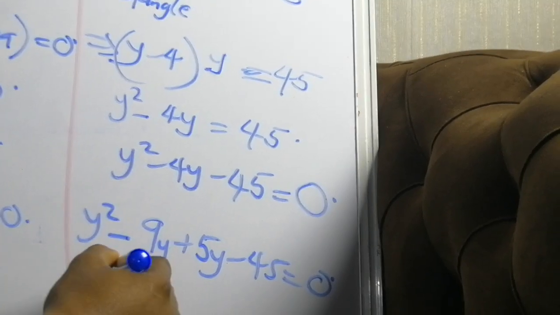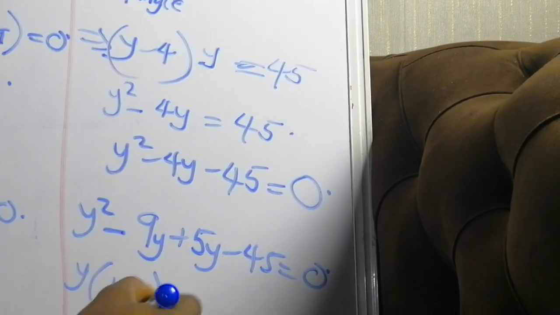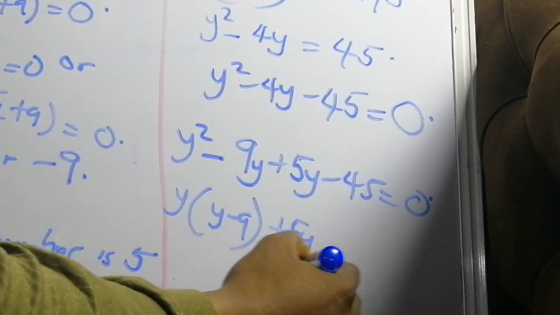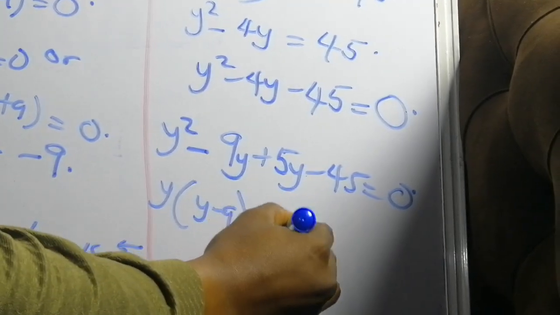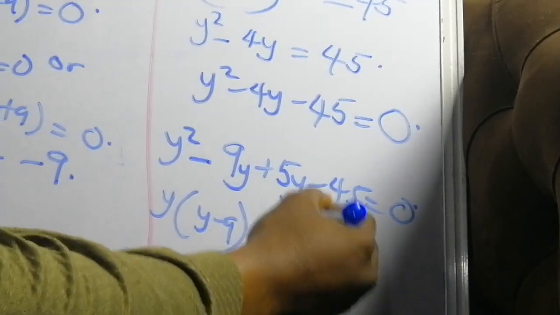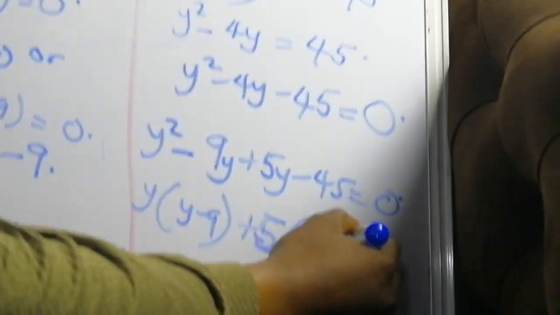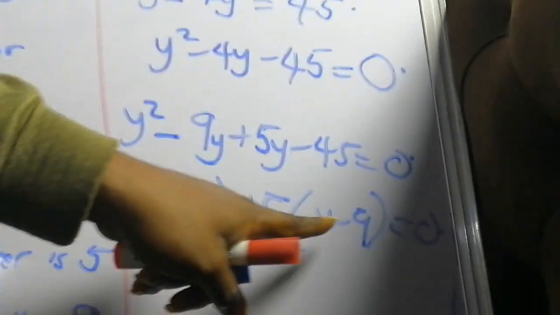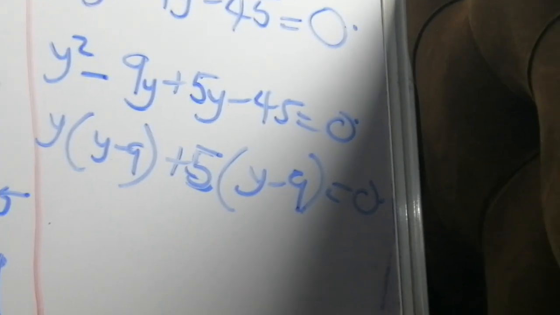So you have y common into y minus 9. Then from 5y minus 45, 5 is common, into y minus 9, equals 0. If you expand this one, 5y minus 45 gives you that 45.